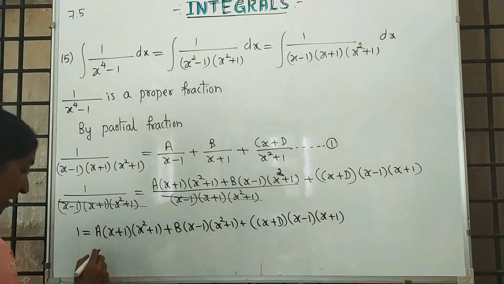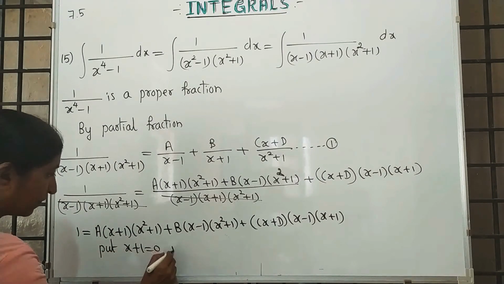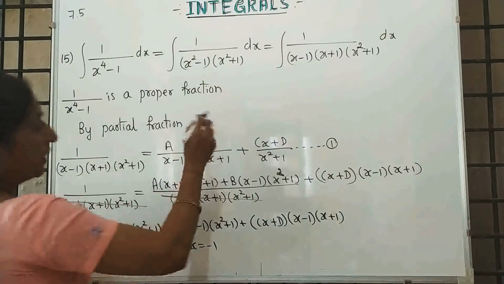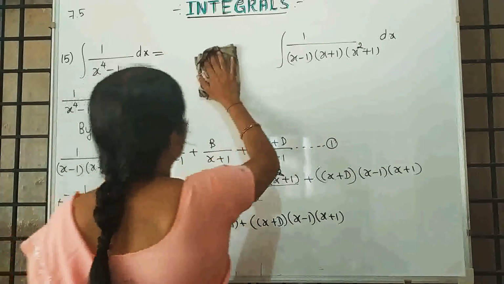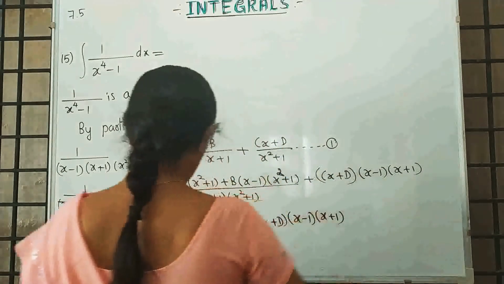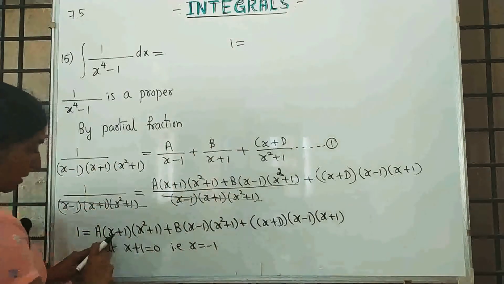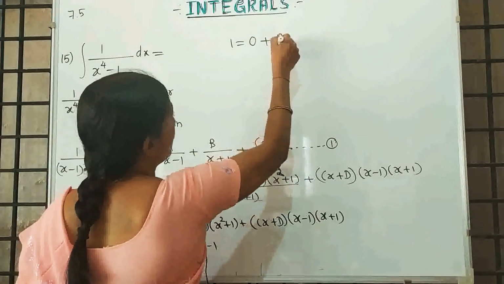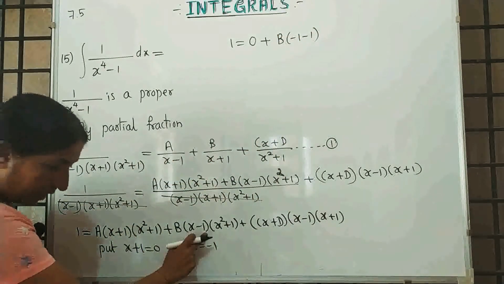Select these linear terms first. Put x plus 1 is equal to 0, that is x is equal to minus 1. If you write x is equal to minus 1, then 1 is equal to, minus 1 plus 1, a becomes 0. What about b? The first bracket is minus 1 minus 1.